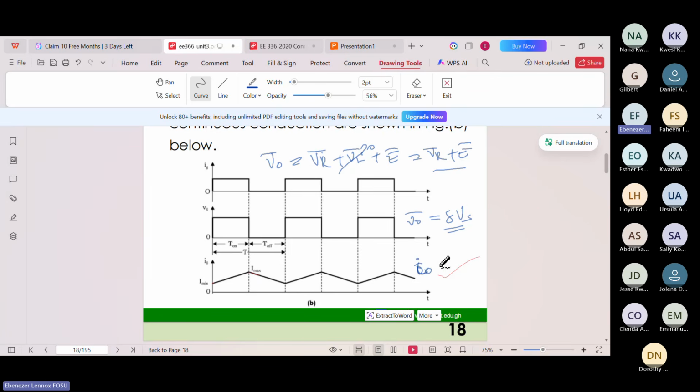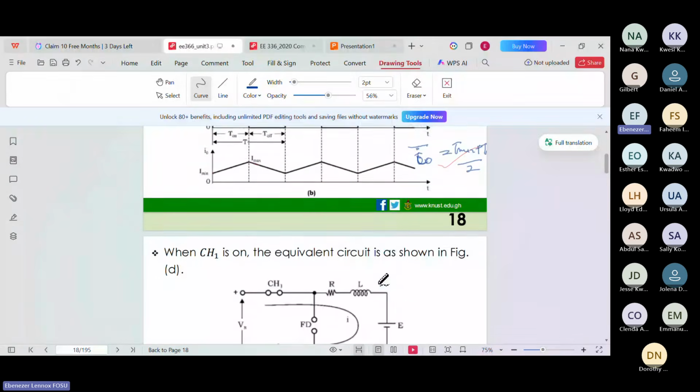I naught average is given by I min plus I max over 2. So we know the average output voltage and the average output current. That is what you do.